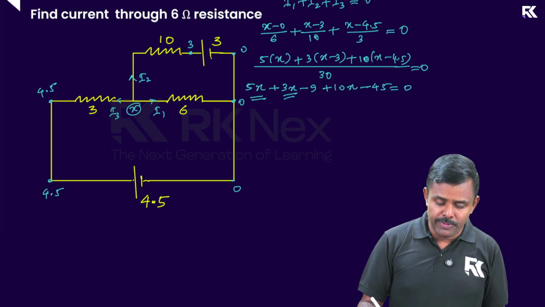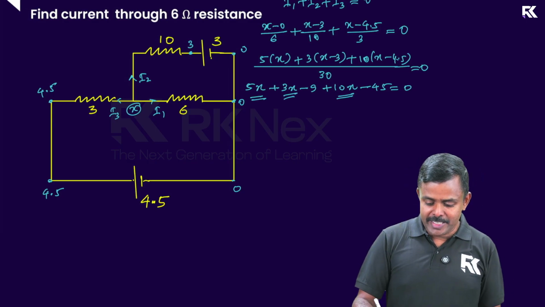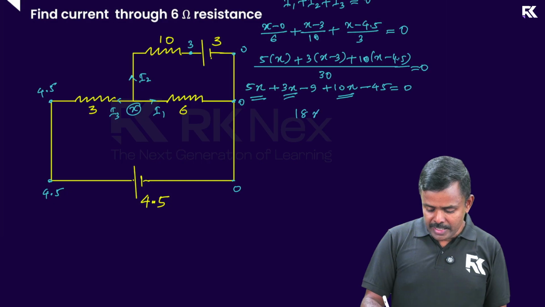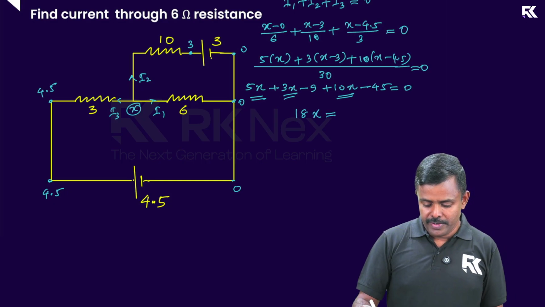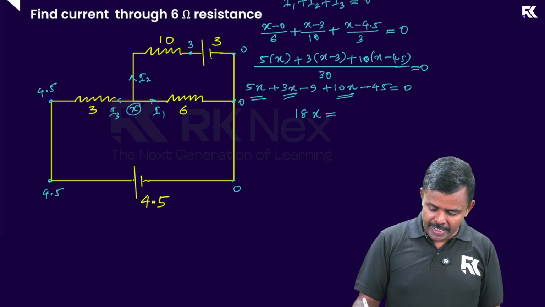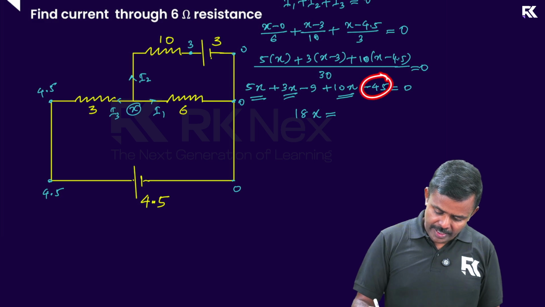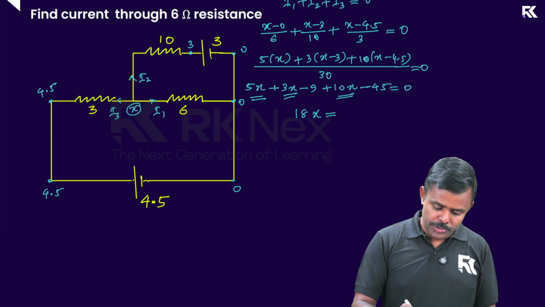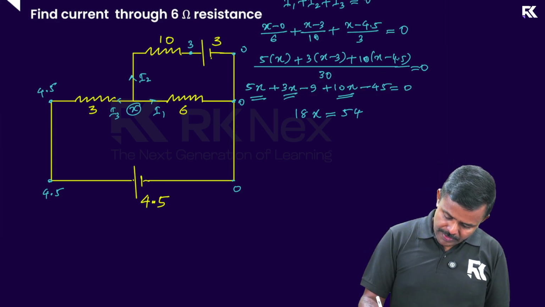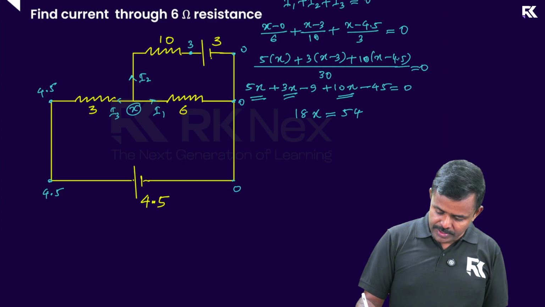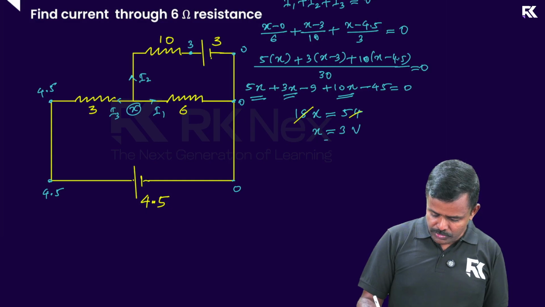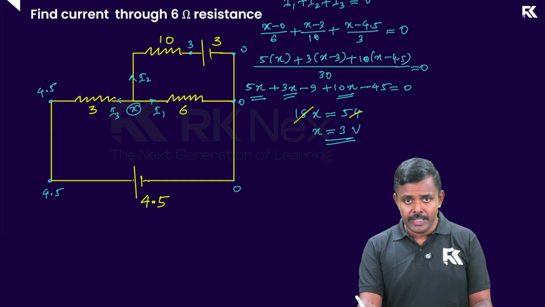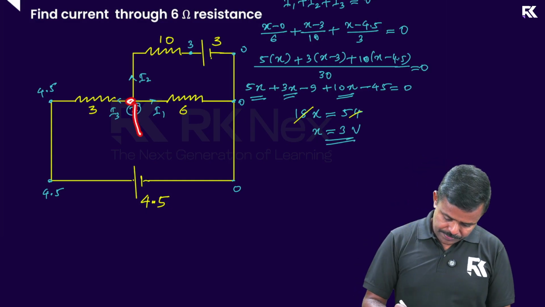X's are taken together. 5x plus 3x is 8x, 8x plus 10x is 18x, is equal to 45 and 9, 54. That goes to the right to become plus 54. If I cut with the 3, I'll get x is equal to 3 volts. I got the potential at this junction.